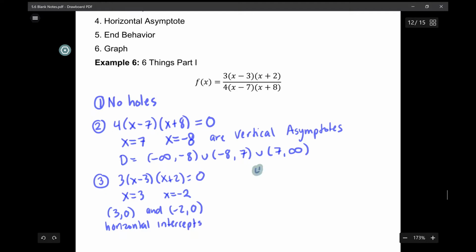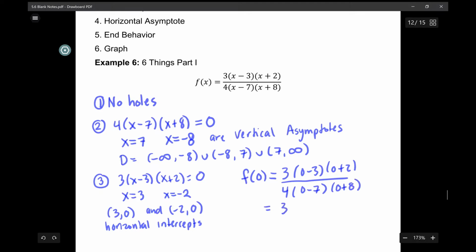And let's find our vertical intercept by plugging in the function value at 0. So f of 0 gives us a vertical intercept. It's only ever going to be one. 0 minus 3, 0 plus 2 over 4 times 0 minus 7, 0 plus 8. I might need a calculator for this one.